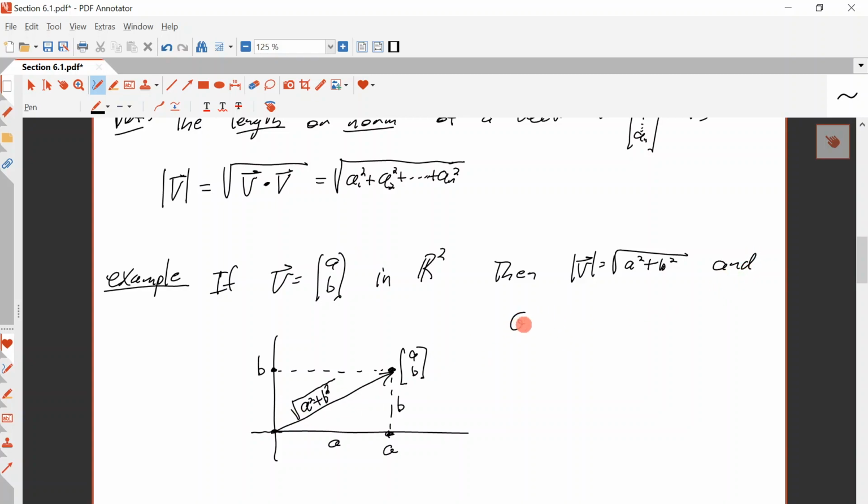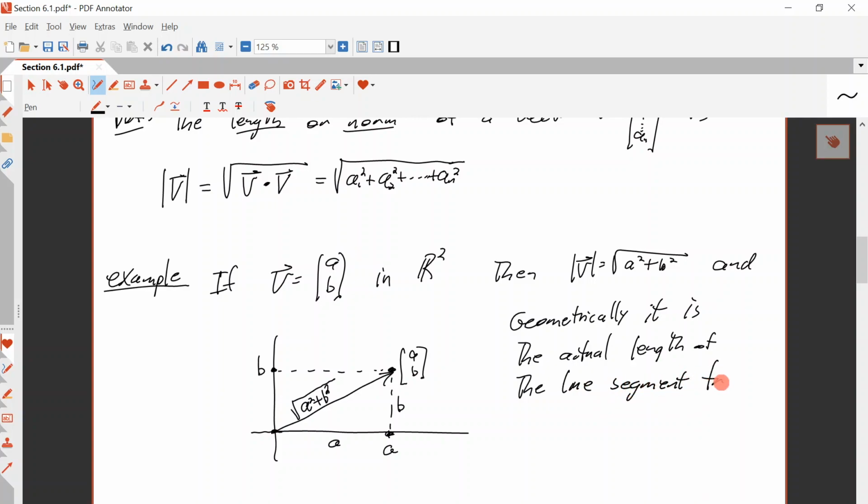And geometrically it is the actual length of the line segment from point 0 to point (a, b). So that's why it's called the length.